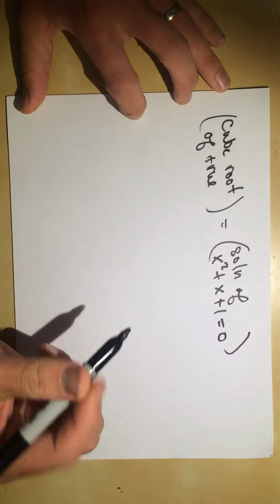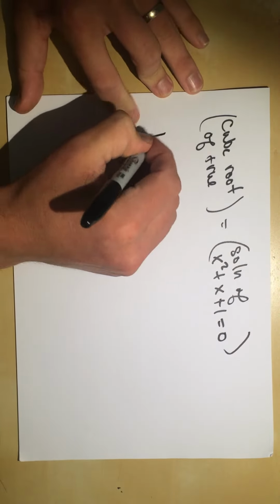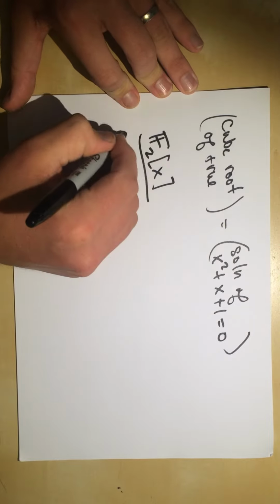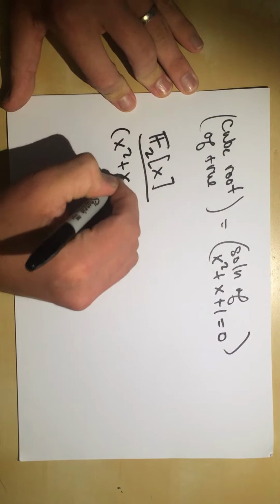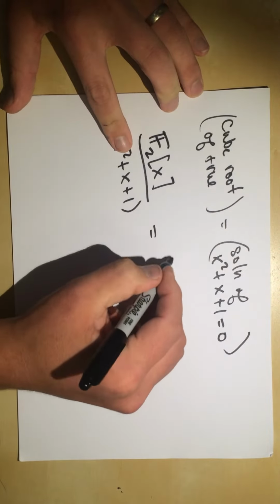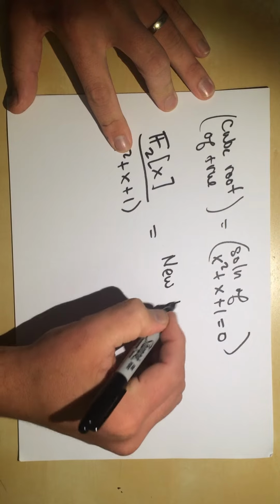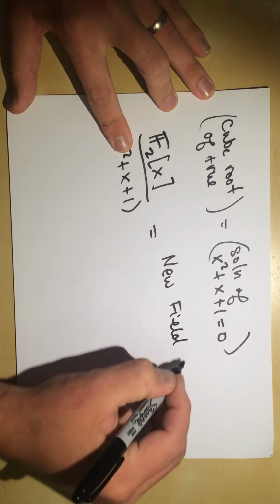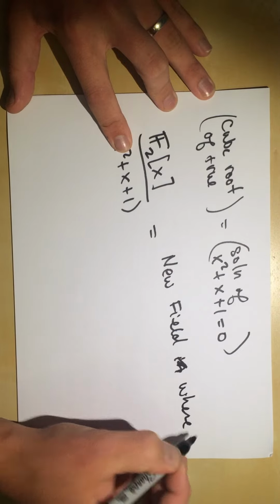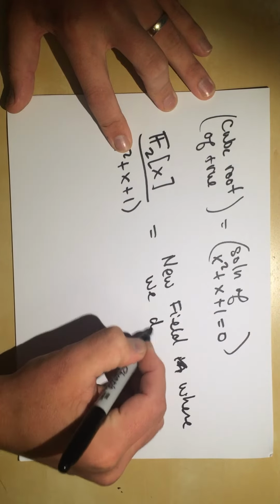And so what one can do is look at this field here, and we can mod out by this relationship, and this is a new field in which we can do propositional logic, where we do new logic.